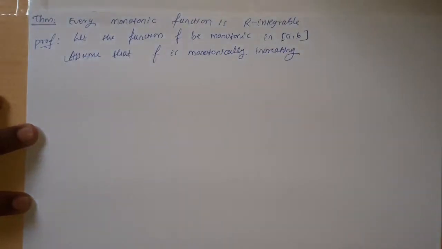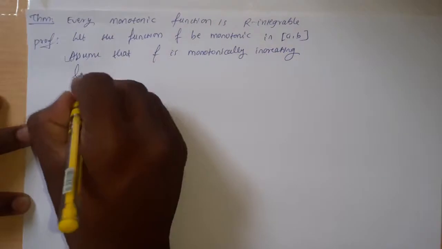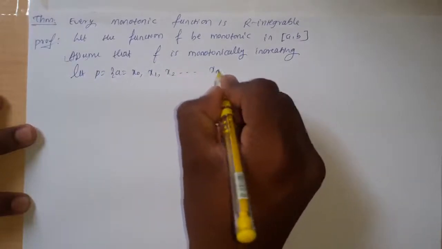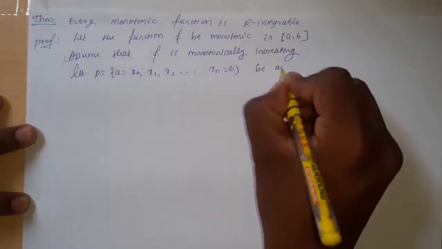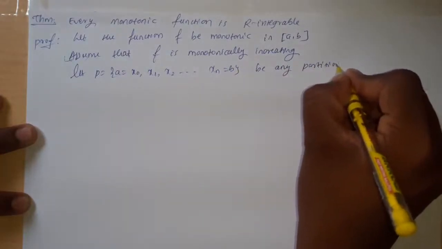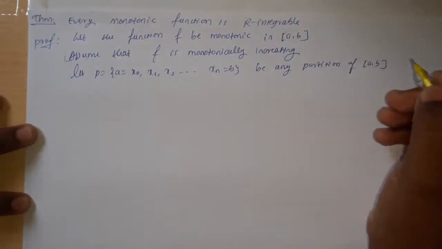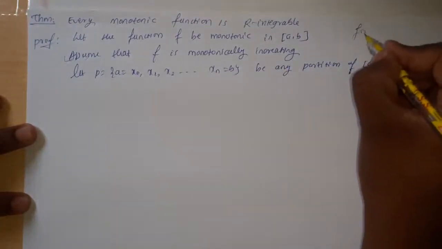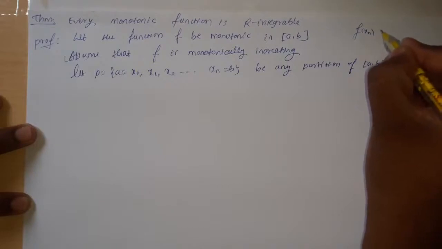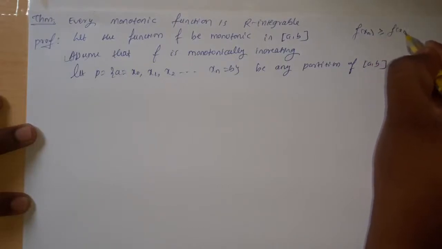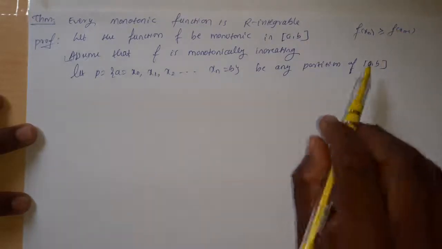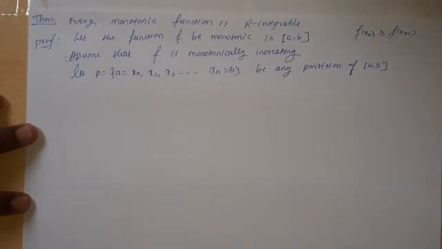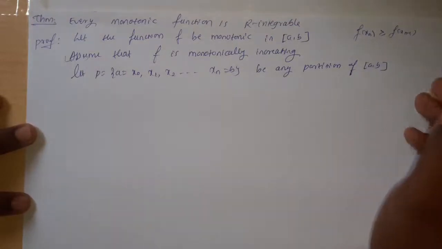Let P equal to a = x0, x1, x2 and so on up to xn = b be any partition of the closed interval [a, b]. Since f is monotonically increasing, f(xn) is always greater than or equal to f(xn-1); the value of the function at xn must be greater than or equal to its previous value f(xn-1). So that is the increasing function.